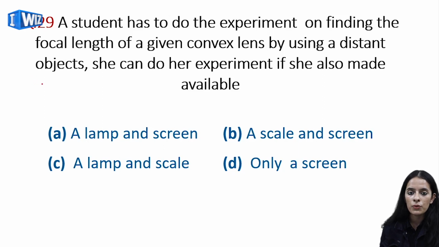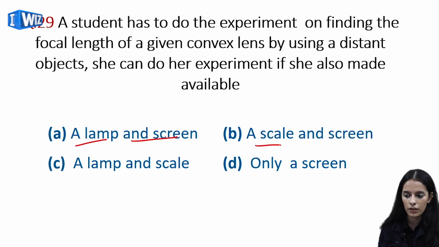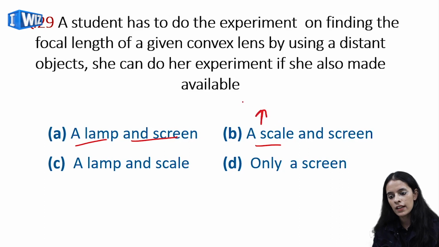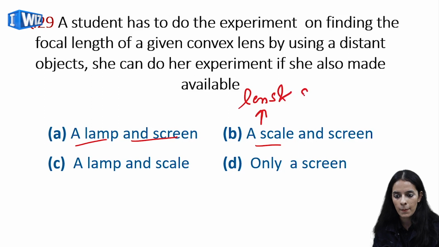Which two things should she take? Screen is always necessary, we know, to form an image. There's one advantage of using a scale, because the scale will tell you the distance between the lens and screen.